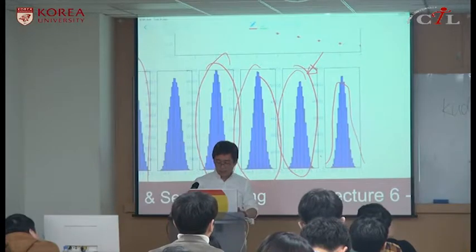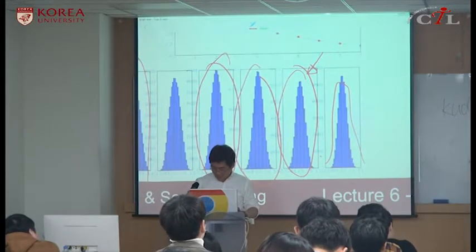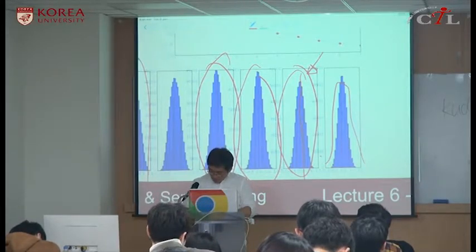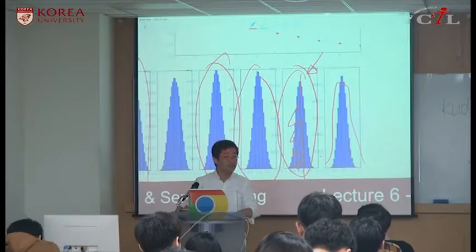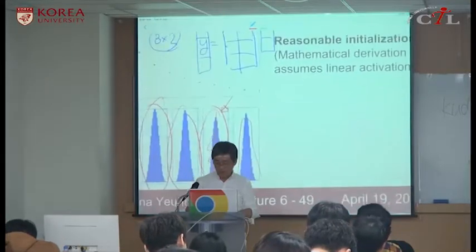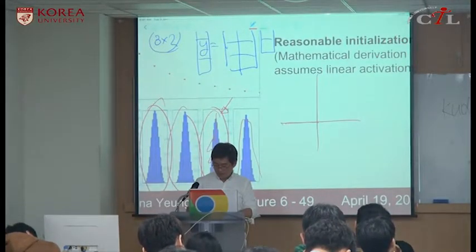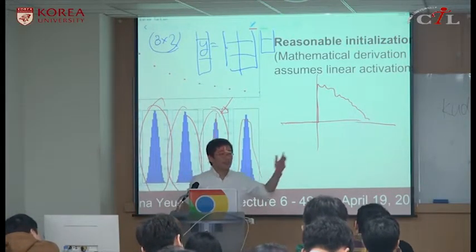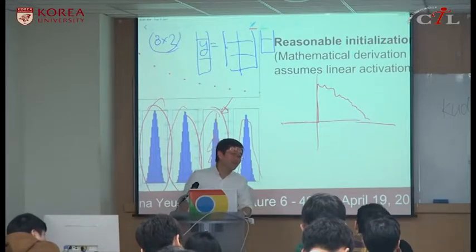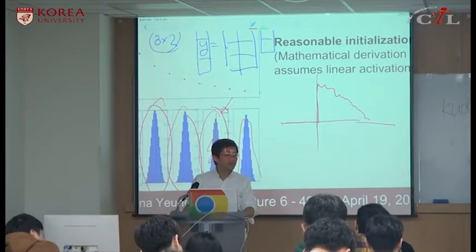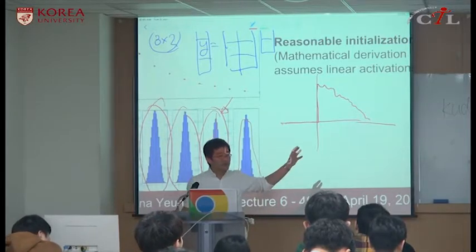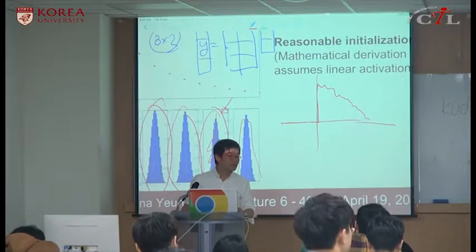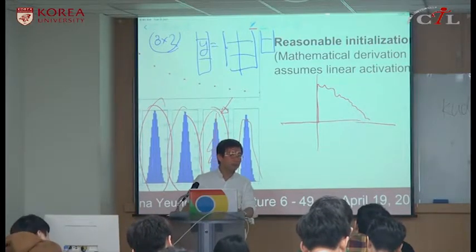Once we pass the ReLU layer, half of them will become completely zero. And then what will our distribution be? It will be something like this, right? So half of them are gone for the negative part, and thus approximately the variance of our random variable became half of the original value once we pass the ReLU unit, right?